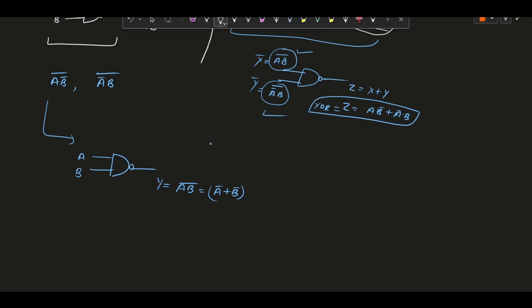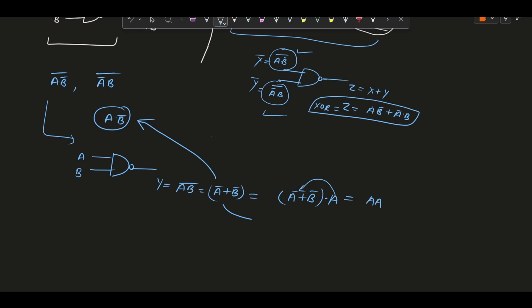Now tell me one thing, we need a into b complement. So what can we change, or multiply or add here, to get this term? If we observe, we can say that if you multiply here by the a input or a variable, then this a will cancel out with the a bar and we will get a into b complement.